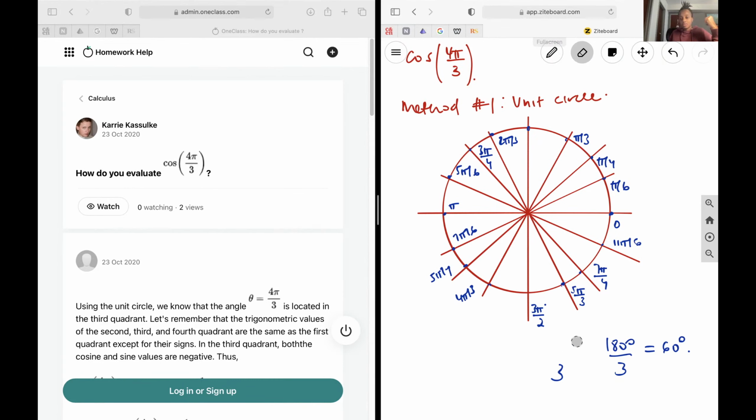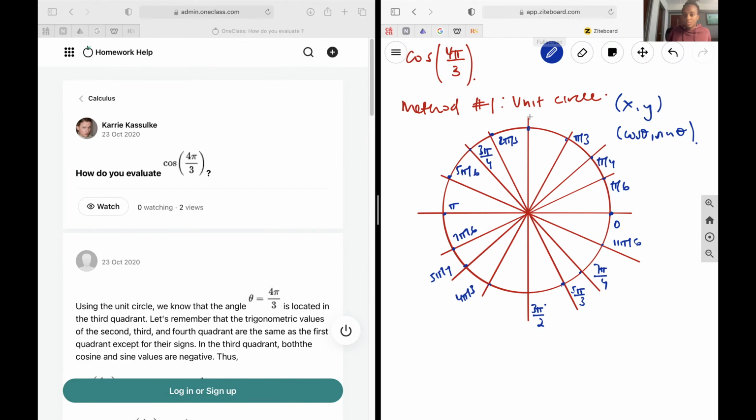Now, how the unit circle works is my x-coordinate, so I have x, y, is going to be cos theta, sine theta.